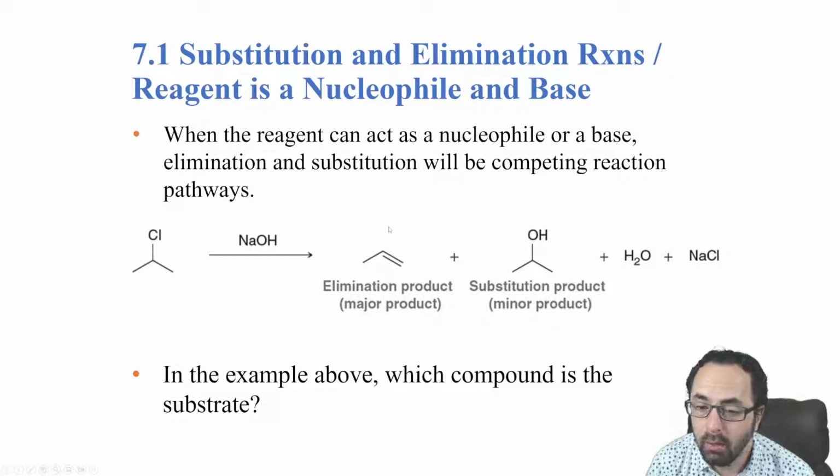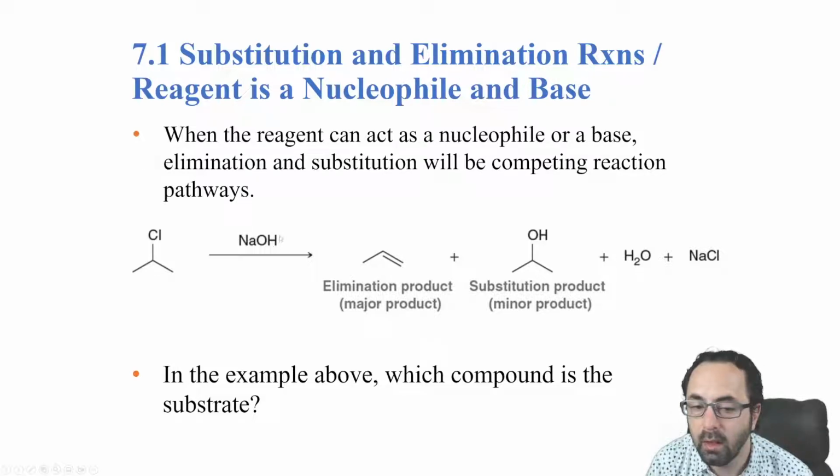Because either of these reactions can occur with the reaction of a base or a nucleophile, which sometimes overlap in their chemical properties, these reactions will be in competition with one another. Later on in the chapter, we'll try to evaluate which of these reactions is likely to occur. So here we can see that the reactant is hydroxide. There's also sodium, but it's a spectator ion.